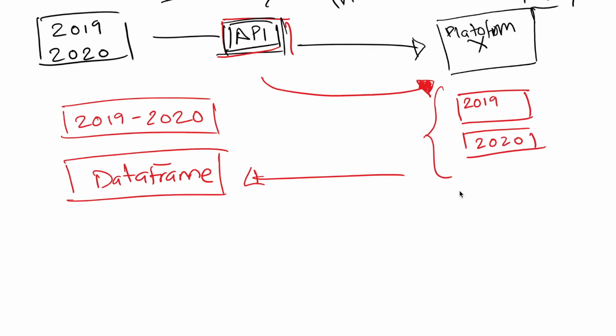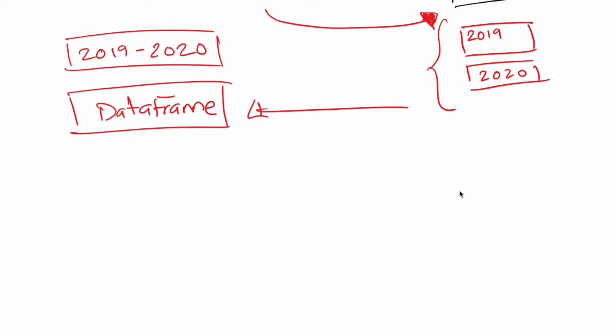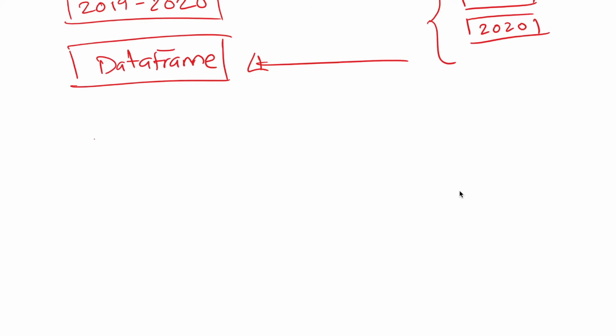Now as a data analyst, you can pick data that you have from Netflix, and you can pick data that you have from this API.